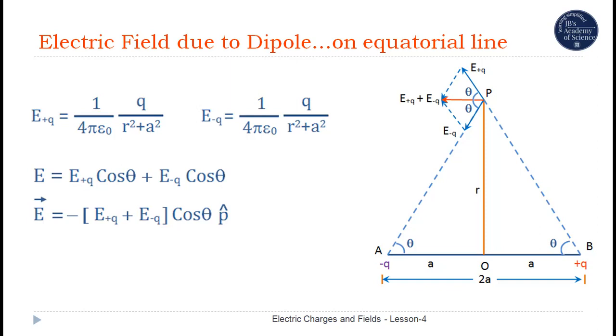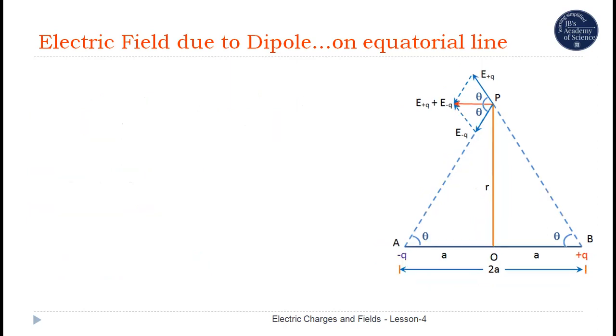The dipole moment is from minus Q to plus Q. The resultant electric field direction is opposite to that. That is equal to minus 2 E plus Q cos theta P cap, since E plus Q plus E minus Q is 2 E plus Q, as their magnitudes are the same. E is equal to minus 2 E plus Q cos theta P cap.